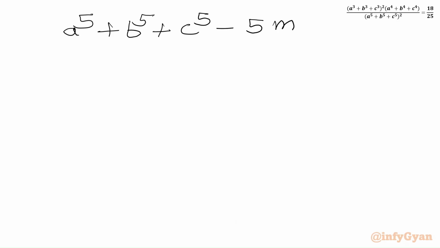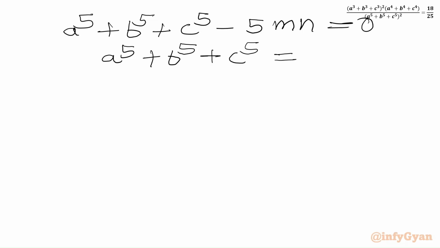Or I can write a power 5 plus b power 5 plus c power 5 minus 5mn equal to 0. So the value of a power 5 plus b power 5 plus c power 5 will be equal to 5 times m times n.